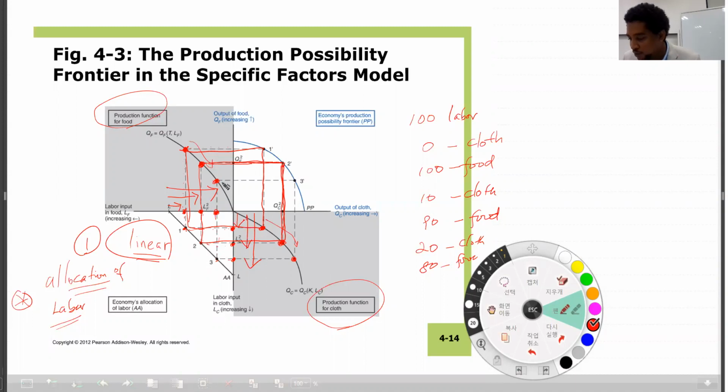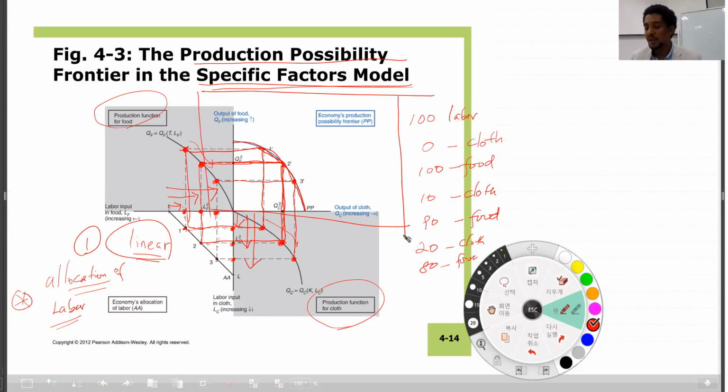And for this amount of food production, you have this amount of clothes production. Then when you finally connect these points, it comes out like this. So it is not a linear relationship, but a curved relationship, which shows the production possibility frontier for the specific factor model. So finally, this is our production possibility frontier for the specific factor model.